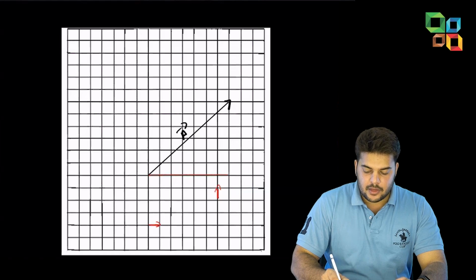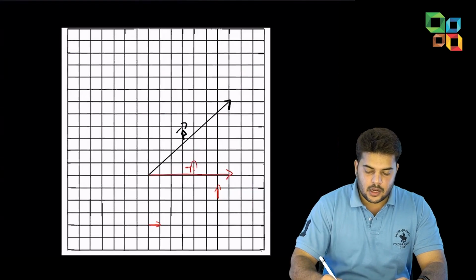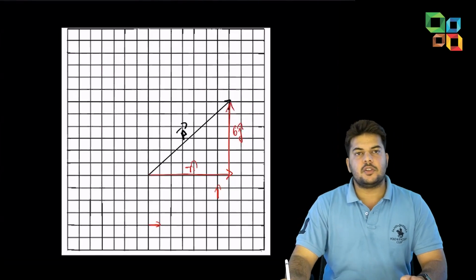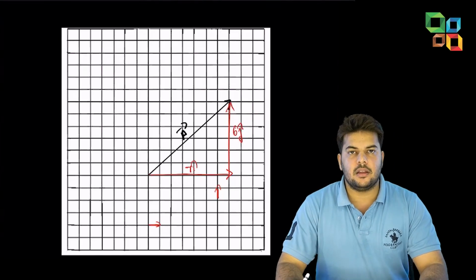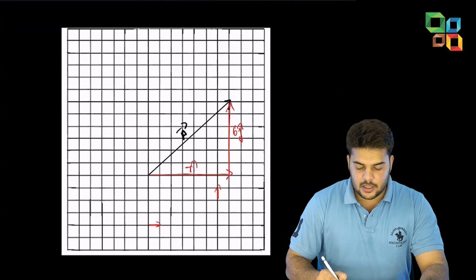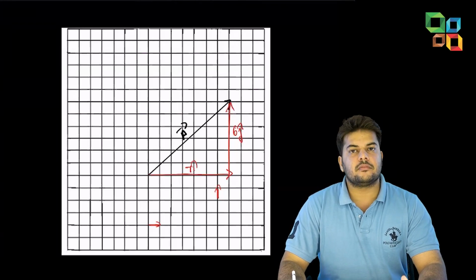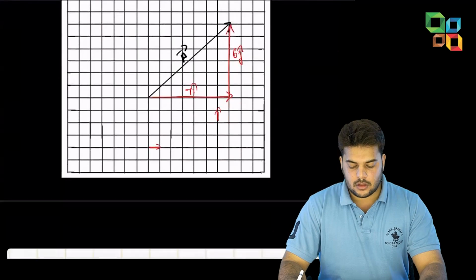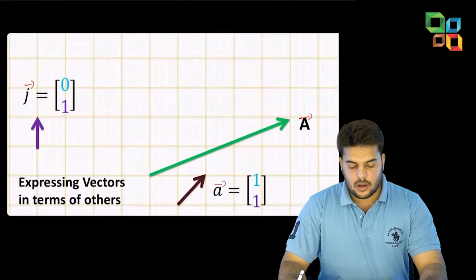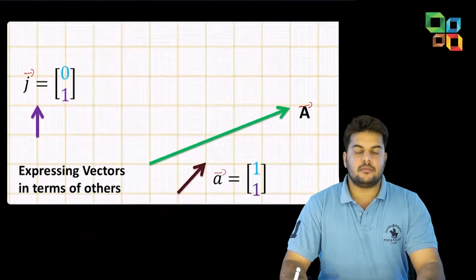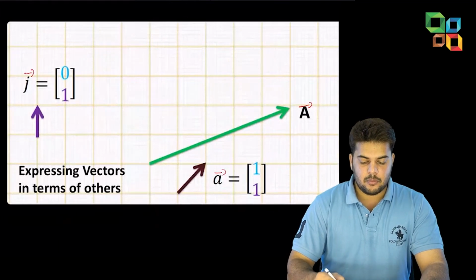We need 7 of I vectors. 7I and 6 J vectors. So 7I plus 6J, you add this vectorially, meaning according to the triangular law, you will get the A vector, right?